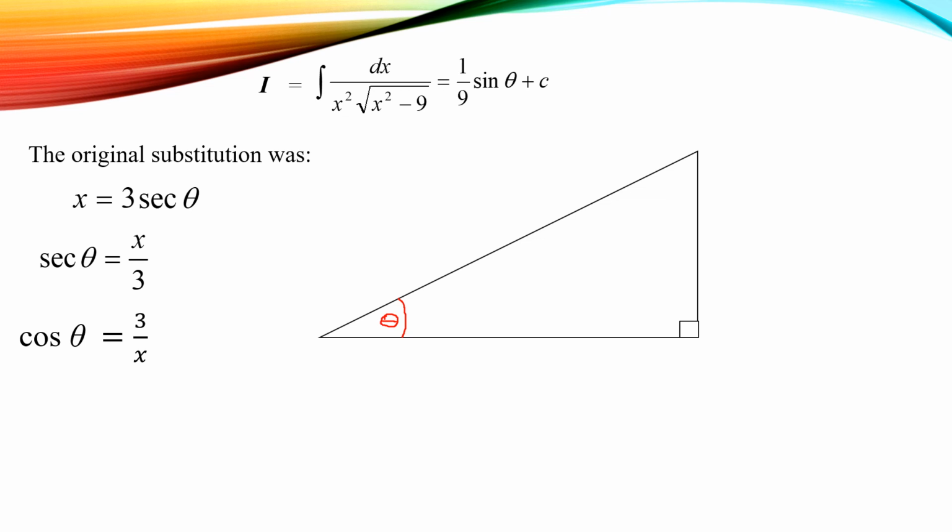If cosine theta is 3 over x, cosine theta is the ratio of sides adjacent over hypotenuse. That means the adjacent side to angle theta, which is going to be located here, that's going to have to be 3. And the hypotenuse, which is located here, is going to have to be variable x.